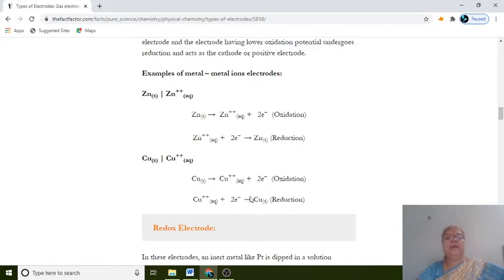And with the help of the Nernst equation, we can write the EMF equation. Suppose, for example, E_Zn is equal to E0_Zn minus 2.303 RT upon 2F into log activity of Zn++ ions.